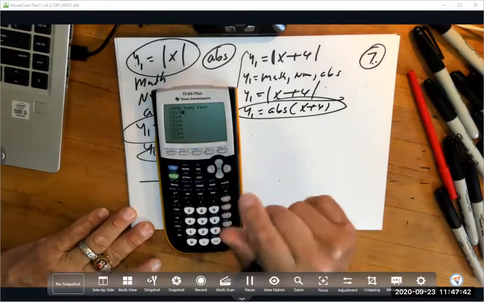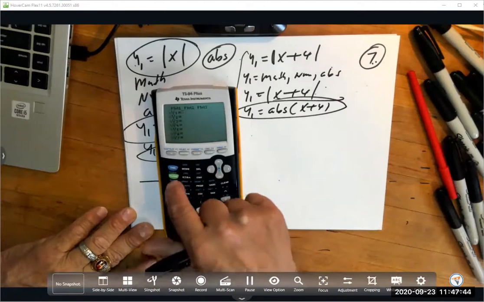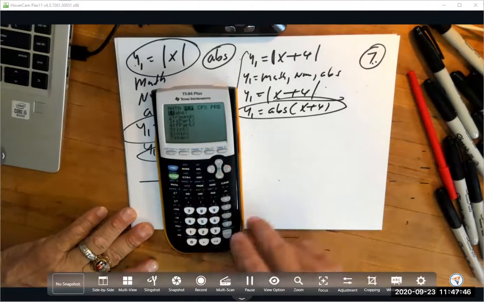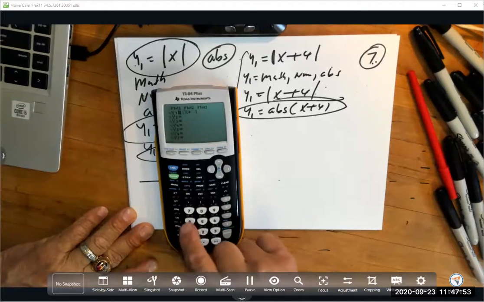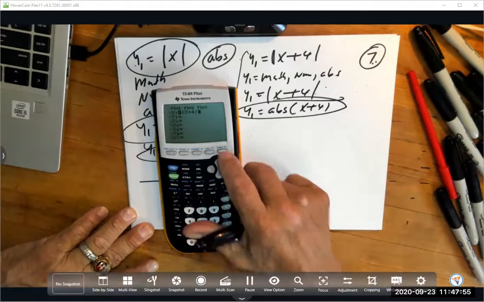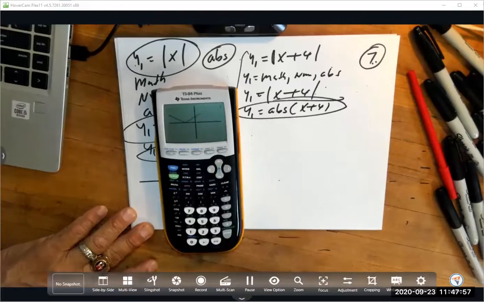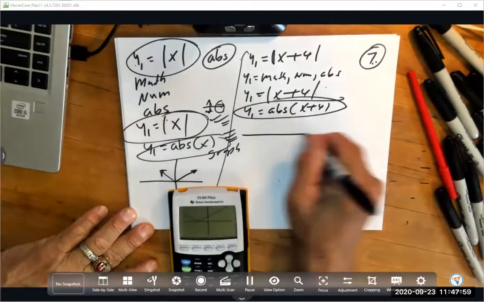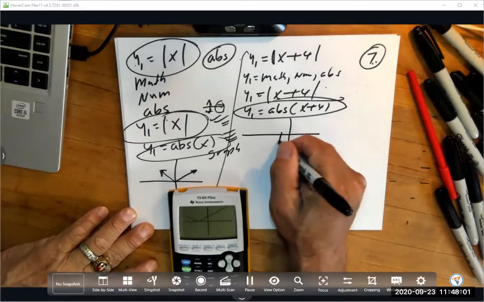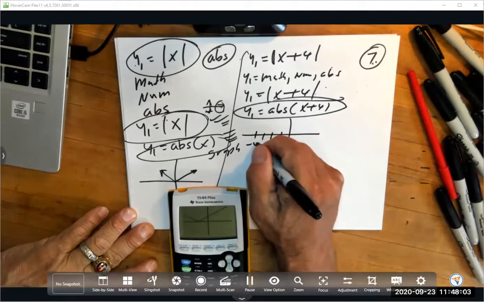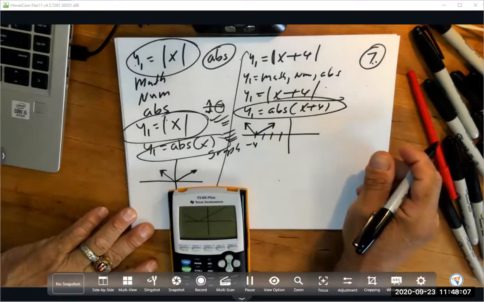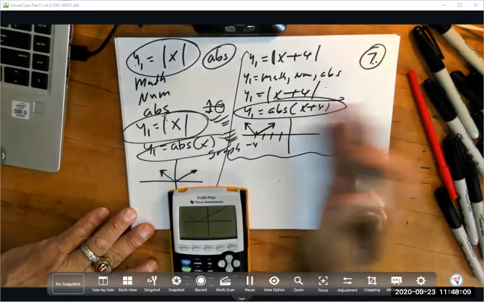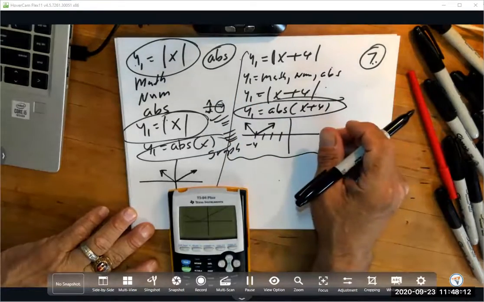Y, clear, math, number, abs. Inside there, I'm going to put x plus 4, get out. All right, hit graph. Okay, mine went over to the side. Mine went over 1, 2, 3, 4. It went over here somewhere. Y'all get that? Yes. It went left side. Yes?